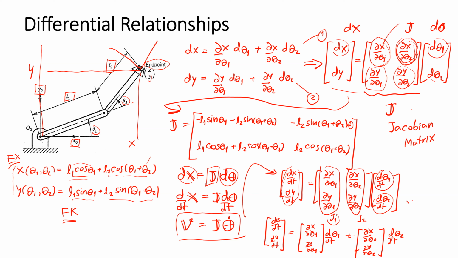If we name these J1 and J2, we can say that the velocity vector is the J1 vector multiplied by theta 1 dot, plus J2 theta 2 dot.